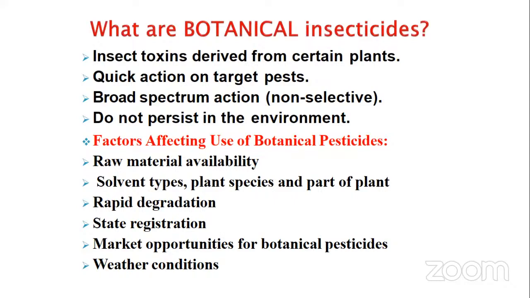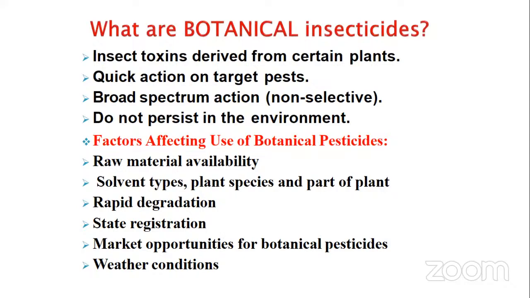I'll tell you the important thing here. Why are we focusing on botanical insecticides? Because they are derived from plants, from naturally available living organisms. They do not cause any harm to human beings, to the environment, even to the ecosystem.